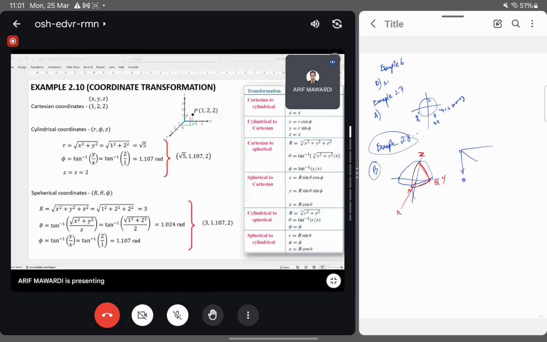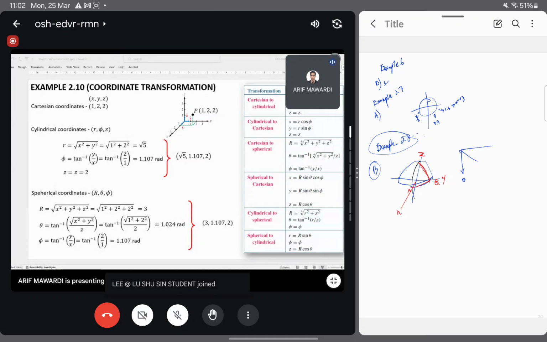Now I have a point, and the location of the point is expressed in the cylindrical coordinate system, meaning that the coordinate variables that are given are r, phi, and z. These are the coordinates of my point in the cylindrical coordinate system. Now I want to express the same point in the Cartesian coordinate system, so I want to find the values for x, y, and z.